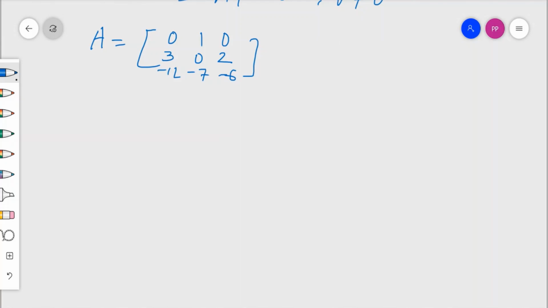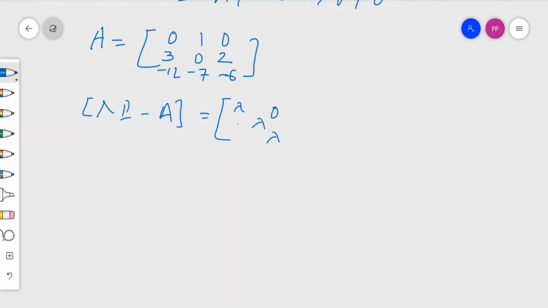So writing it in the form of lambda I minus A, we can find that this is equal to lambda times the identity matrix, with zeros elsewhere.